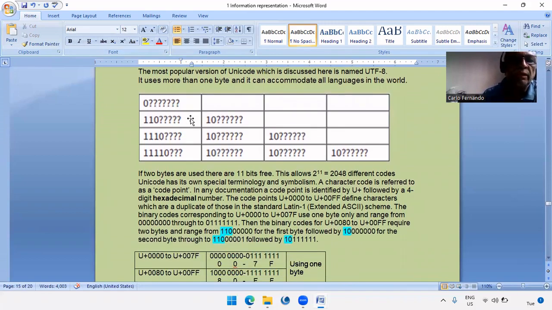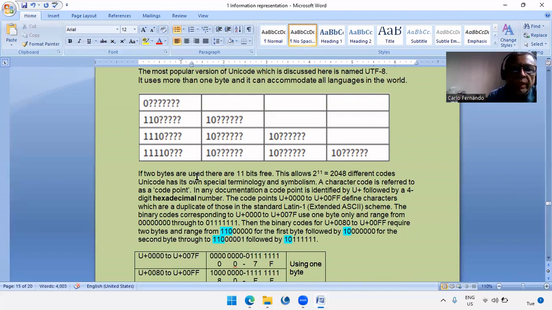So if the first byte is there, you know that that's a normal ASCII. Only 7 bits are used. This question mark is for the available bits. So 7 bits means you had how many values? 128. When you're using 2 bytes, they didn't use all 16 bits, just like in ASCII, they left some bits for identification purposes.